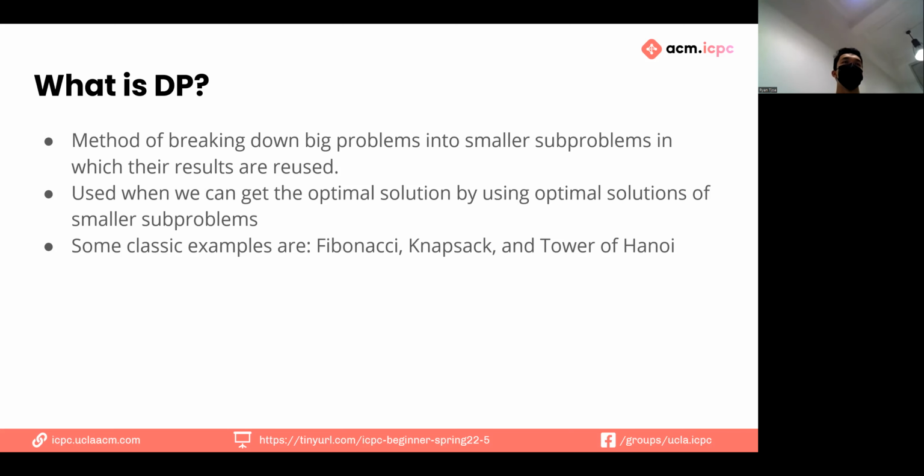A necessary condition is that the optimal solution of the main problem must be able to take advantage of the optimal solutions of smaller problems. There are some really famous examples for DP problems like Fibonacci, knapsack, or the Tower of Hanoi. If you've heard of these, they are all DP.